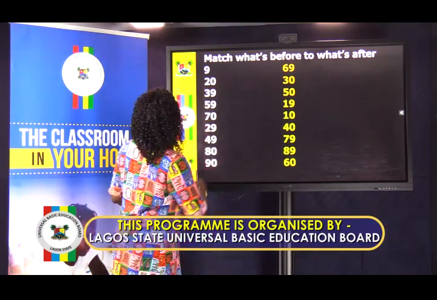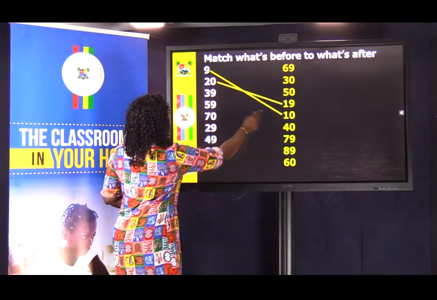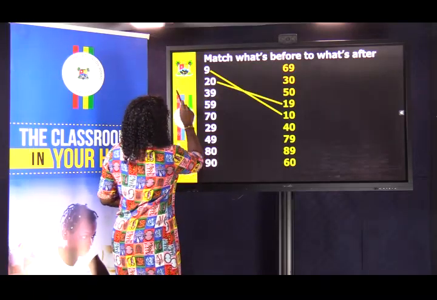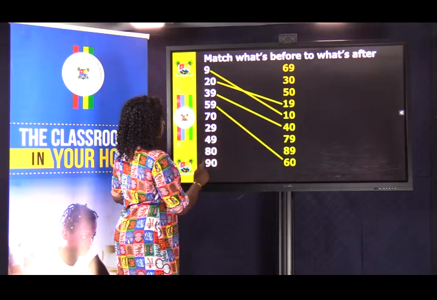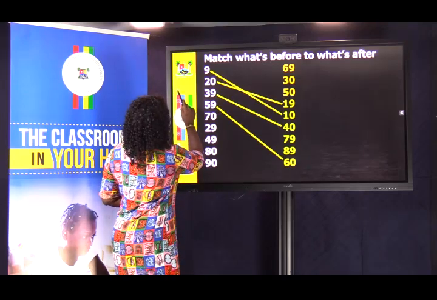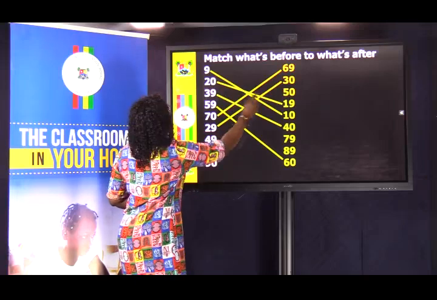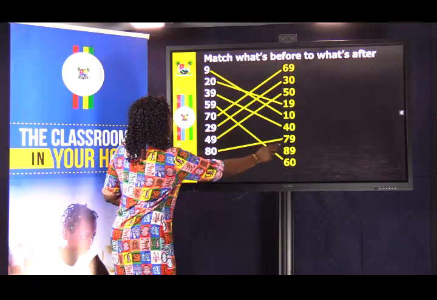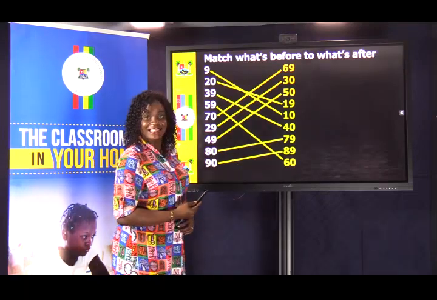So let's match. 9, 10, 19, 20, 39, 40, 59, 60, 69, 70, 29, 30, 49, 50, 79, 80, and 89, 90.